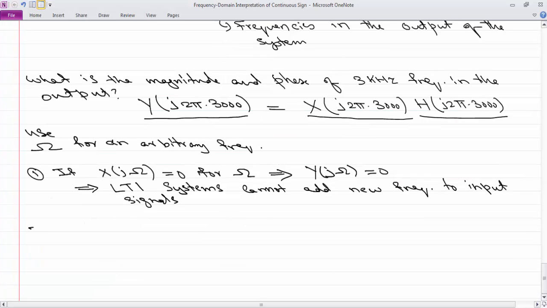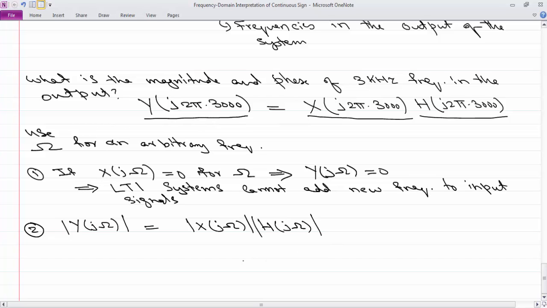Now, the other thing is, let's look at just the amplitude of the output frequency. Remember, the amplitude of the output frequency, forgetting about the phase, is equal to x(jω) times h(jω). So let's say my input frequency had, at some omega, a scale of, let's say, 10.